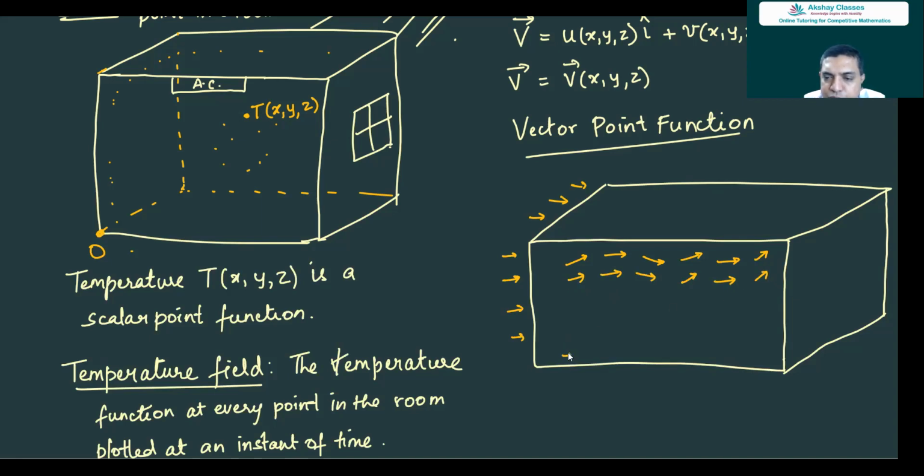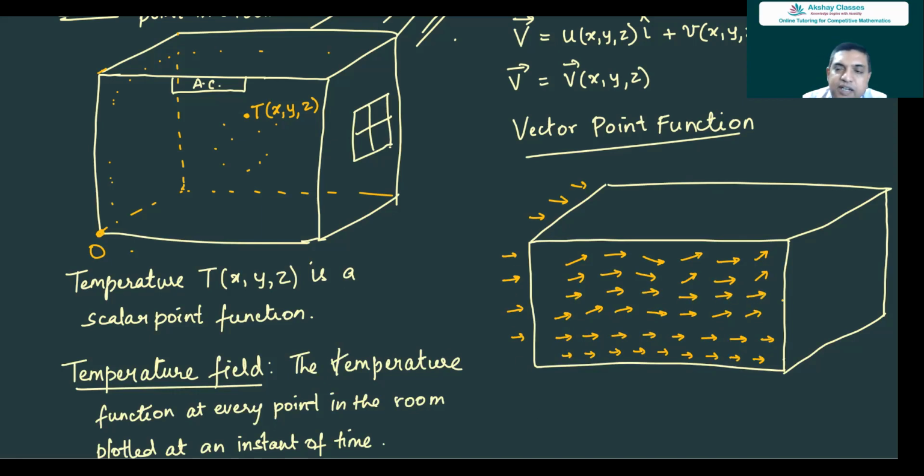And the fluid motion may be very slow at the bottom. So the vectors are slow. It may be faster on the top. So the length of the vectors will change. And then the vectors may change the direction. So this is an example of a vector field for velocity.